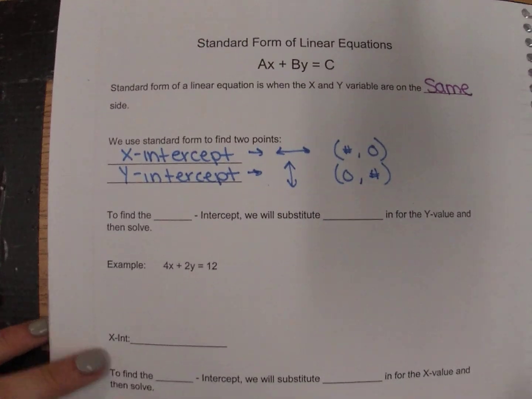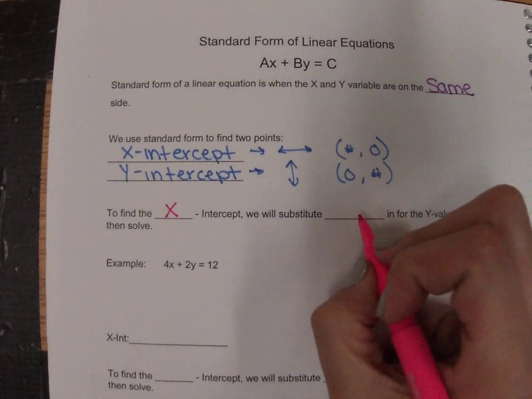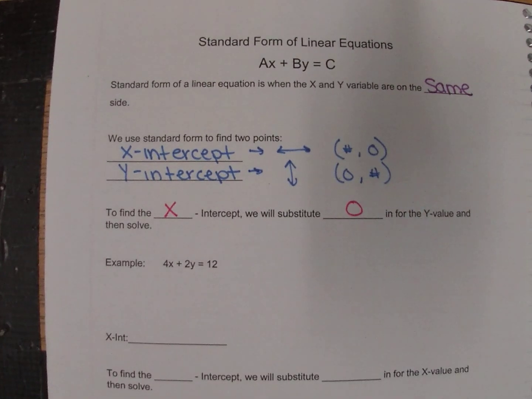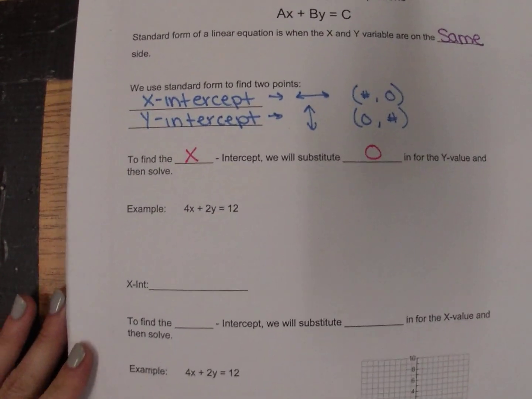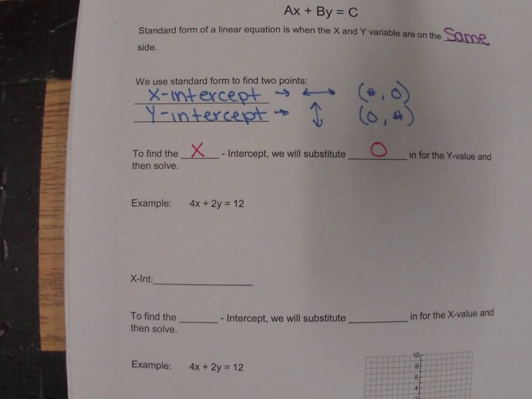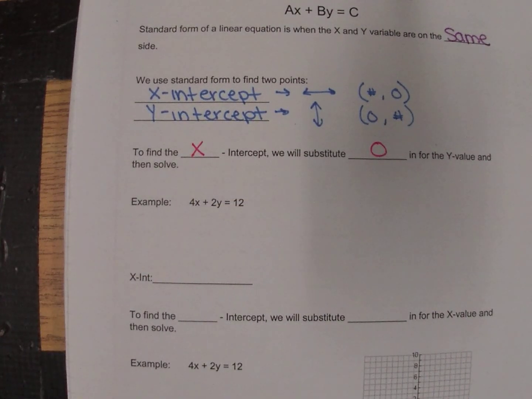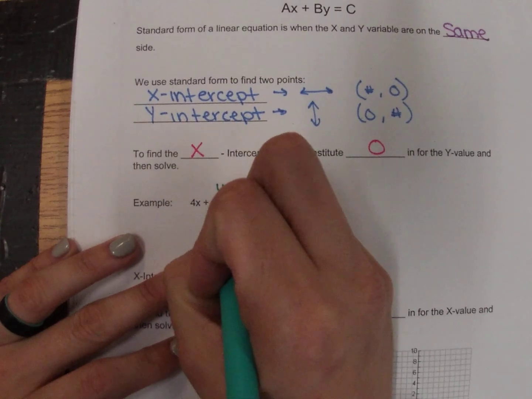So if we want to find the x-intercept, we are going to substitute 0 in for the y value. So if we are given 4x plus 2y equals 12, we can tell that this is in standard form because the x and y are sitting on the same side of the equal sign. When we know that, we can find the x-intercept by plugging in 0 for y, which means saying y equals 0.